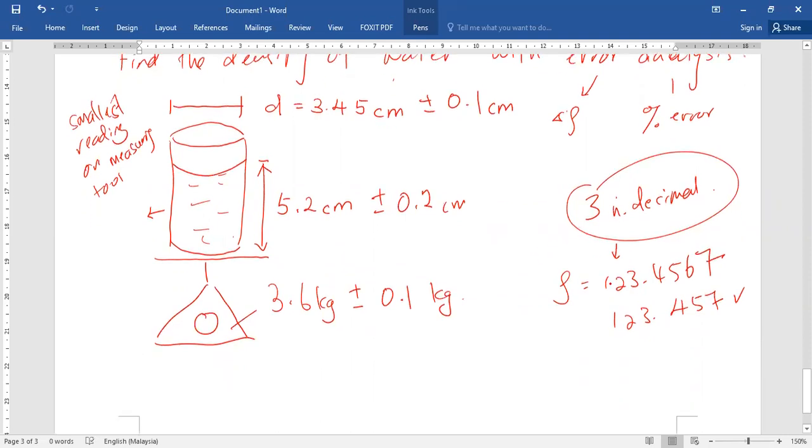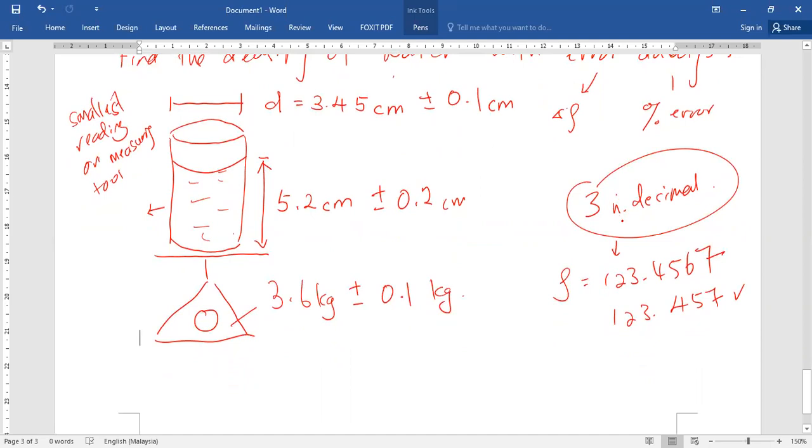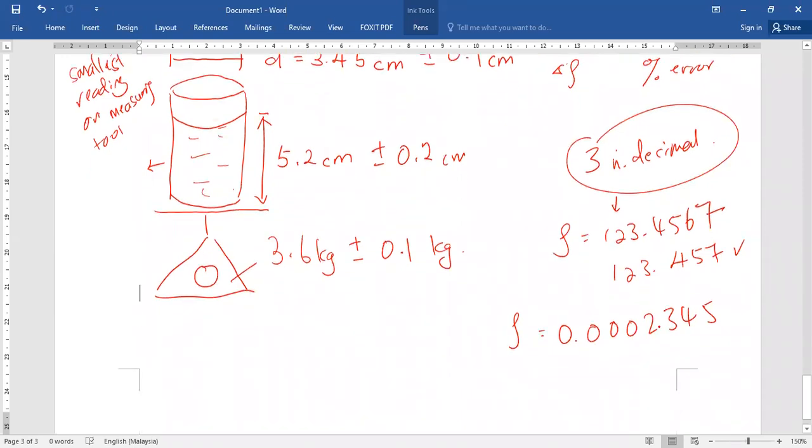If the first 3 decimal places of the density we calculate are 0, for example 0.0002345, then 3 decimal places cannot be used. We cannot follow 3 because if we do, it's still 0.000. What for? Better not to count. So in this case we choose differently.